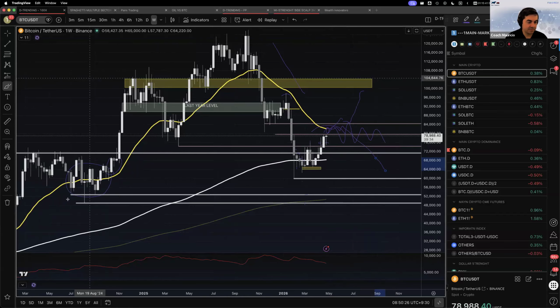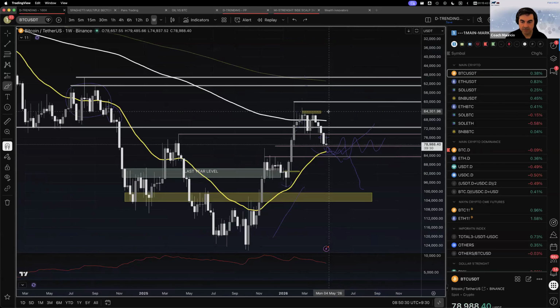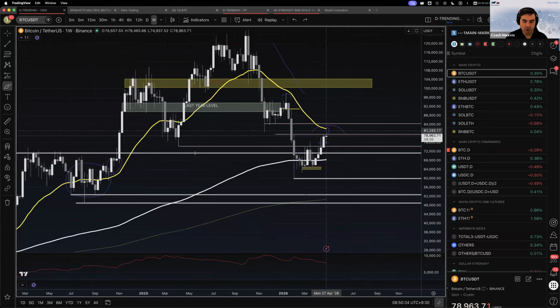Just delete all this stuff. All right, option one, market goes something a little bit like this, or even here, right at that level, and it starts bringing back down. How many of you think this is going to happen?